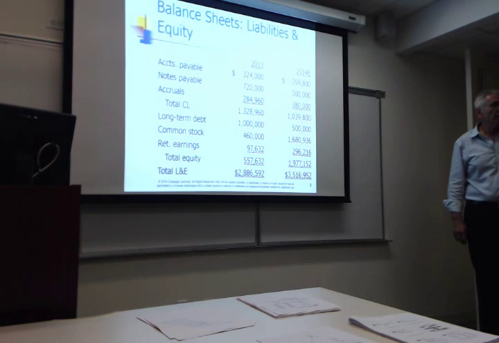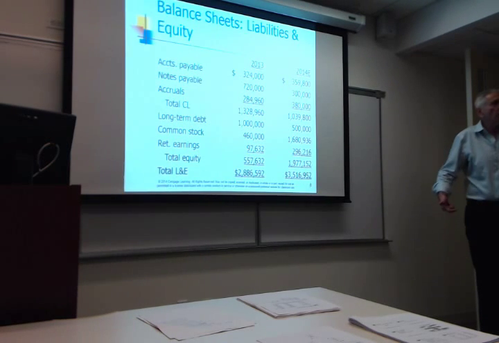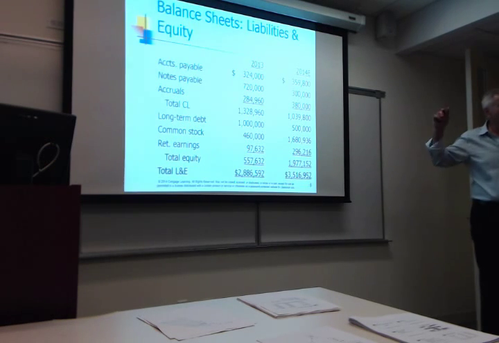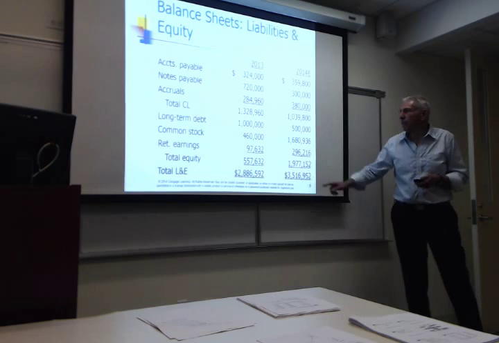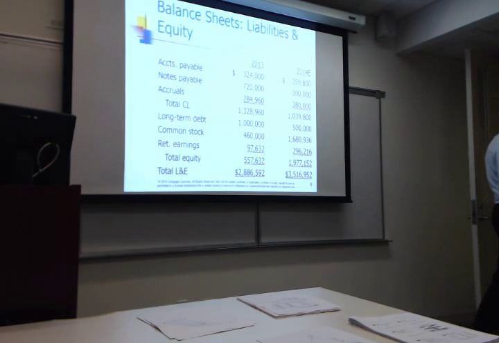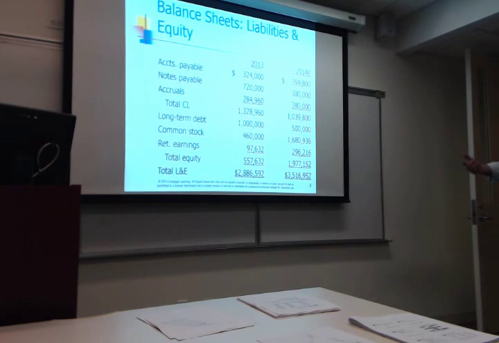There's something offsetting that decline in debt. Something else had to go up. Exactly. Your equity went up. Your equity went up by $1.2 million, which basically offset the reduction in debt.